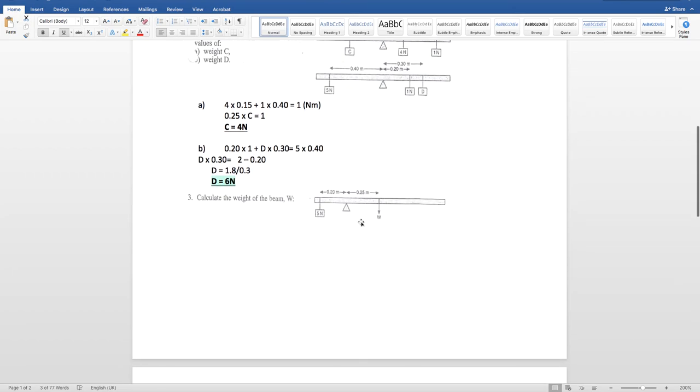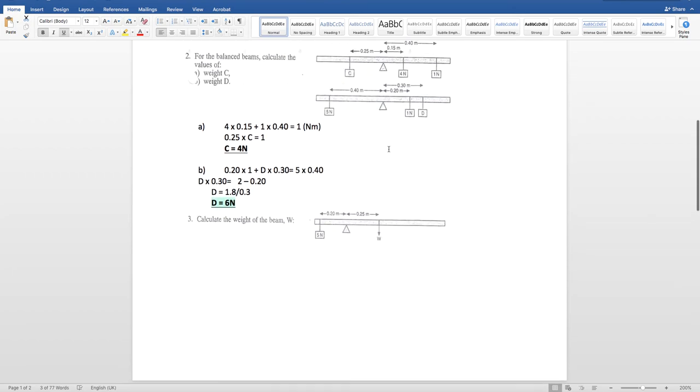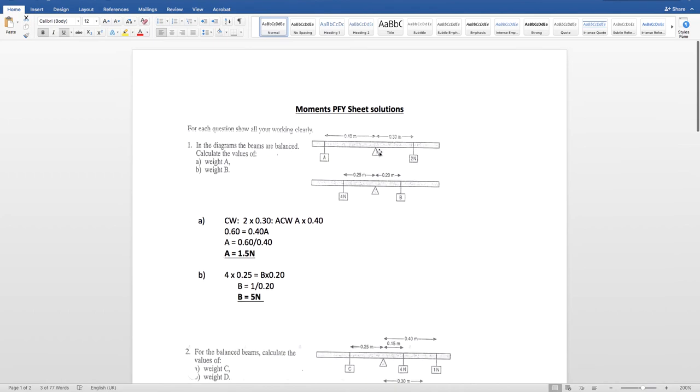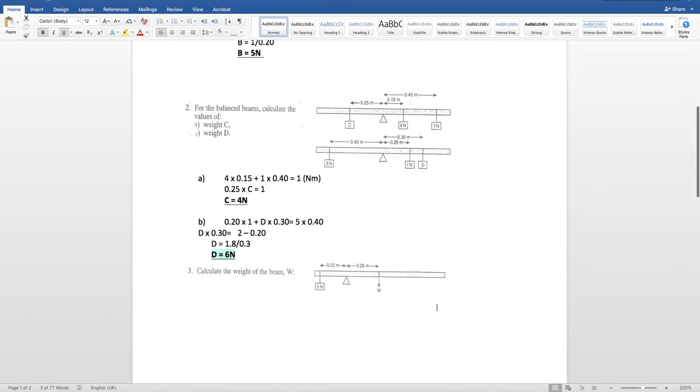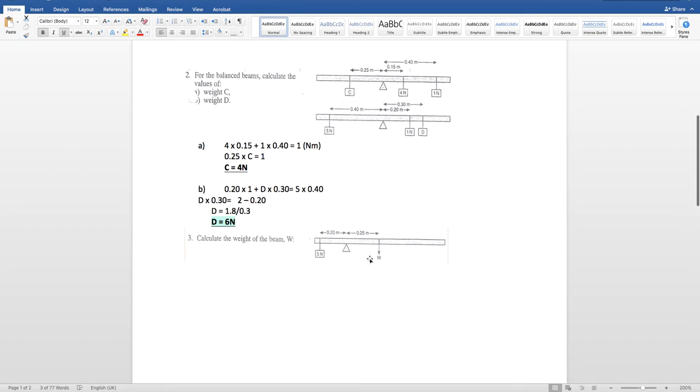Question 3. Well, here, unlike the other ones, every example you've got here, the pivot looks like it's in the middle. Here, the pivot clearly isn't in the middle, and so the weight which acts at the center of mass or center of gravity of something that's regular shaped like this will be in the middle.